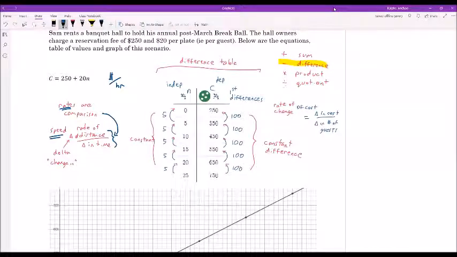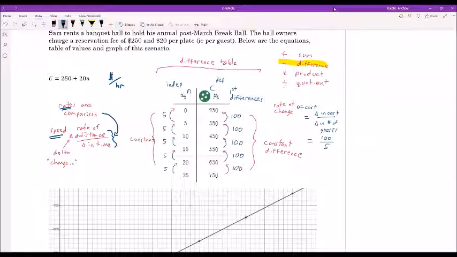So we see that for every 5 people that get added, the total cost changes by $100. So the change in cost is 100, and that's where we have this first difference. And the change of guests here is 5.